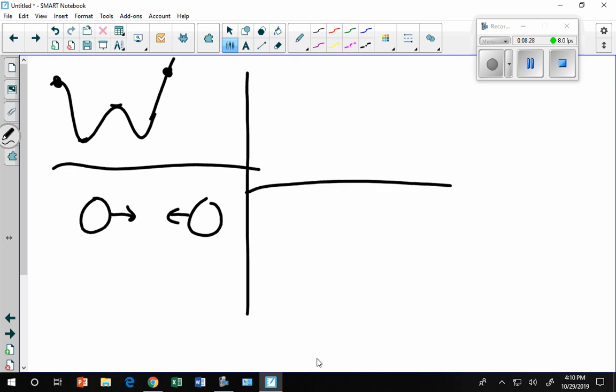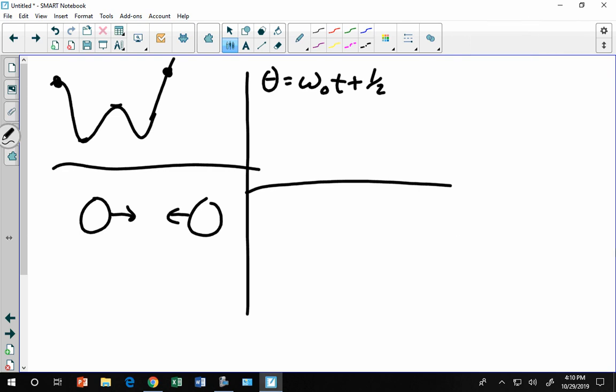And then the third will be a kinematics problem. That's where you're using these equations. Theta equals omega naught t plus 1/2 alpha t squared. And omega equals omega naught plus alpha t. I find the hardest part for students is just knowing what these variables are.